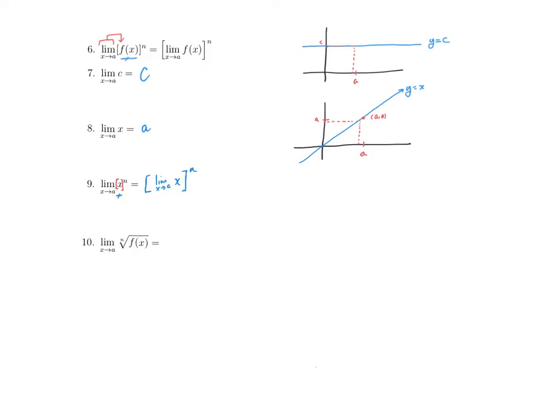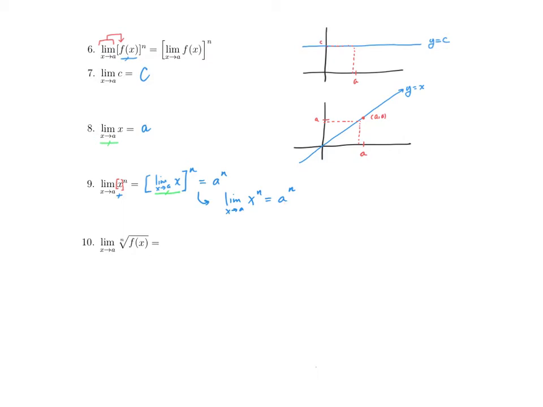Then what remains is precisely what we saw above in limit law 8. So we end up getting a to the n. Just to write this so that we can all see it clearly, this limit law is that the limit as x approaches a of x to the nth power is a to the n. So for x close to a, x to the n is close to a to the n.